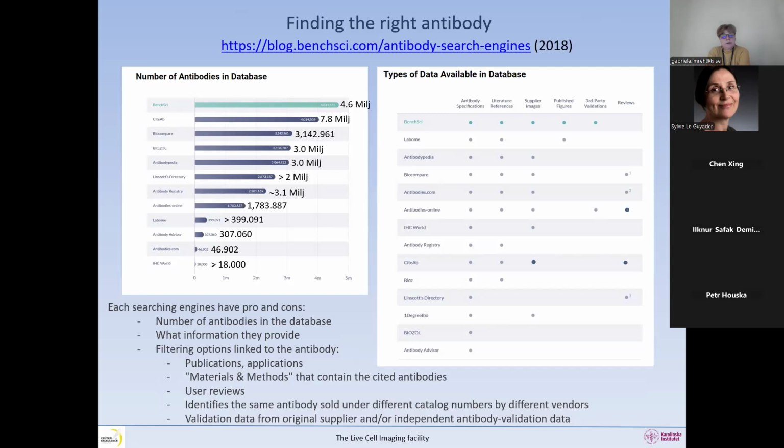Some of them identify whether you are actually looking at the same antibody sold by different vendors under different catalog numbers.